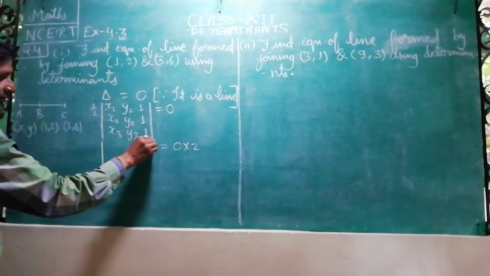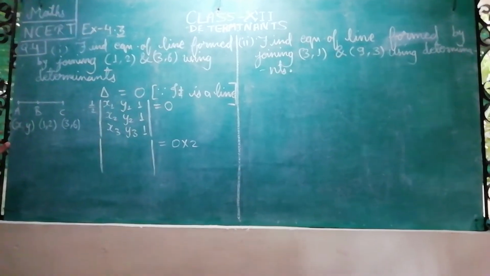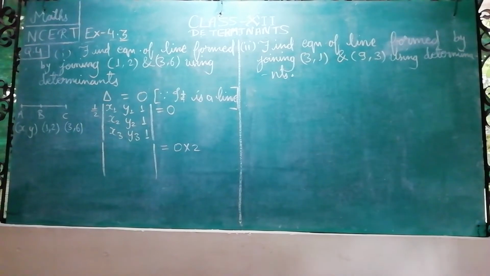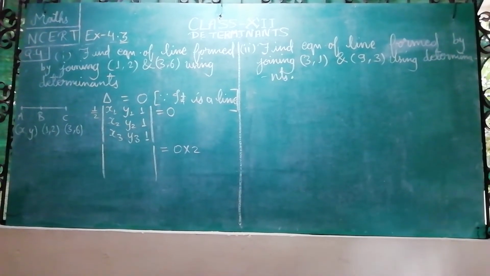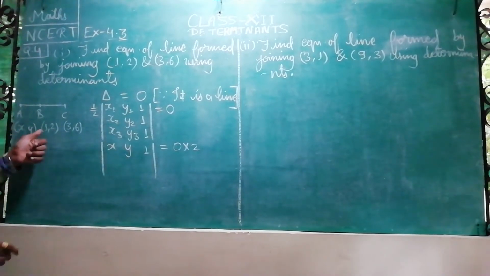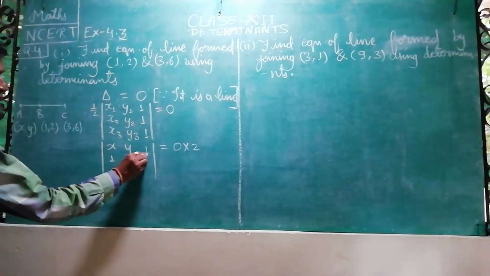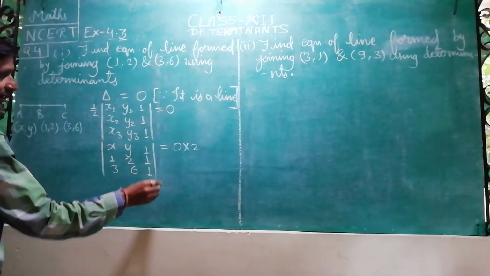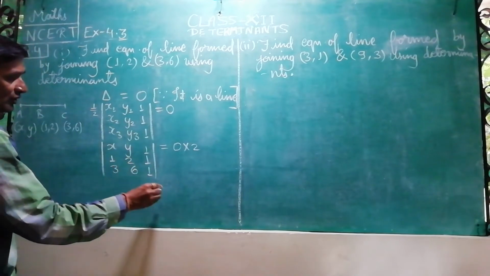Here we put the values: the rows are x, y, 1; 1, 2, 1; and 3, 6, 1. So 0 into 2 is 0.